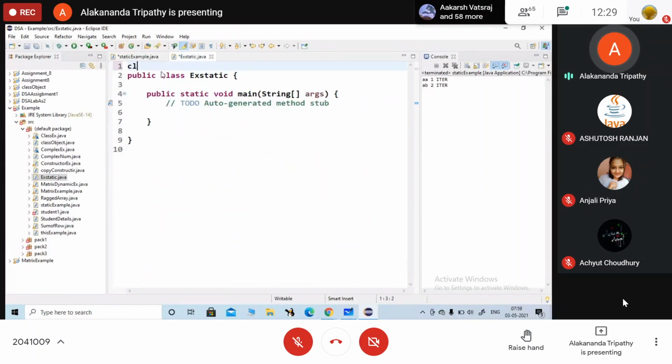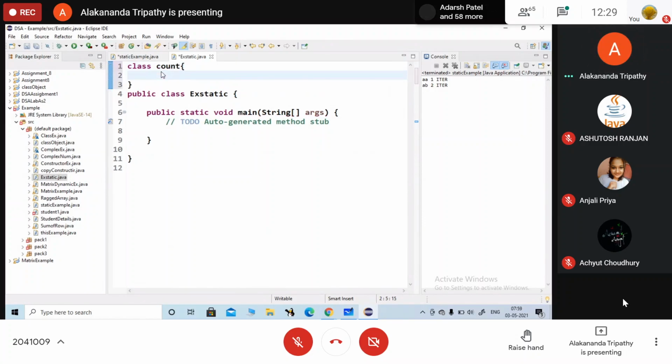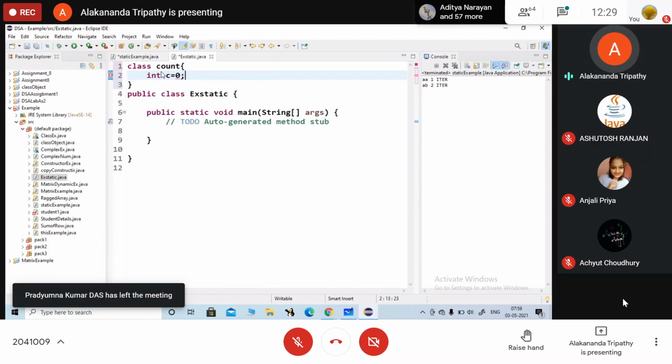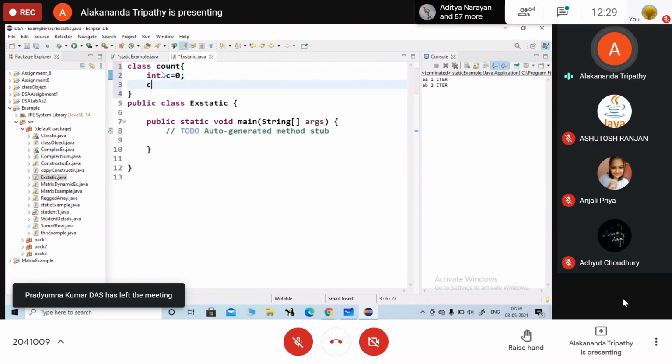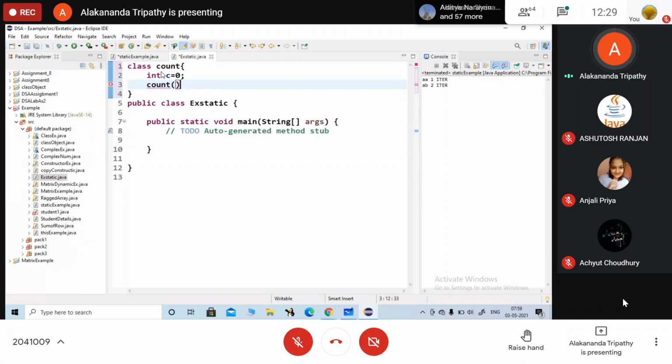So another example, here I will take another class. Let the class name here be Count. int c, यहाँ पर मैं 0 set कर दी. Now here a constructor, I will take Count.